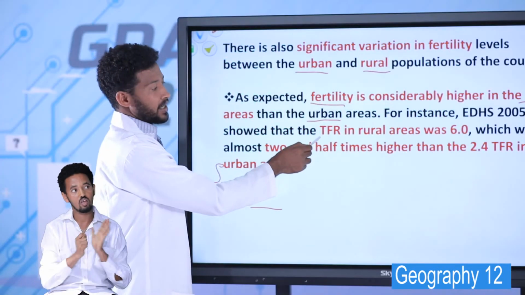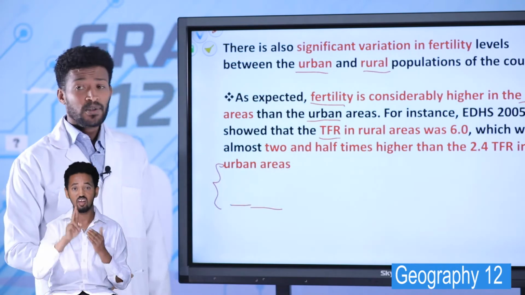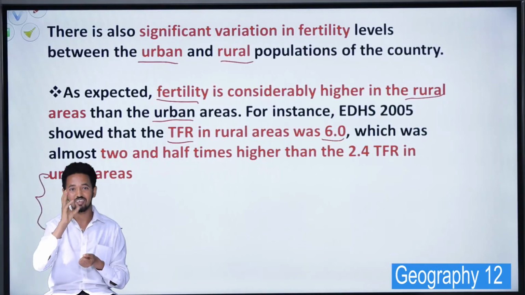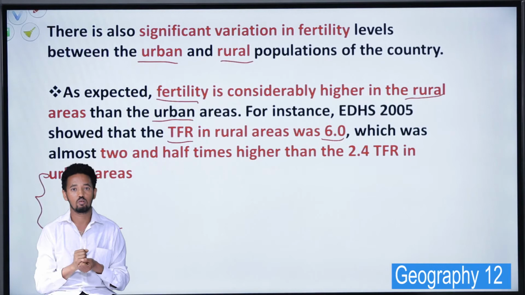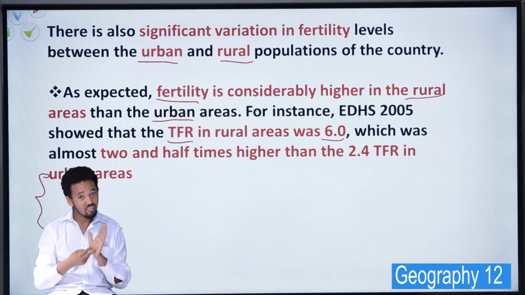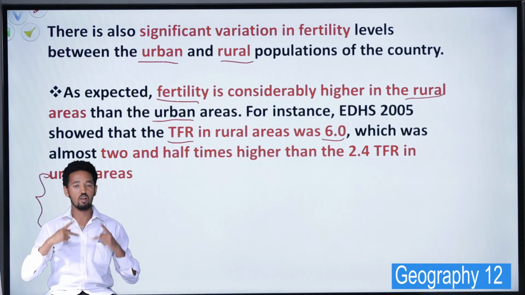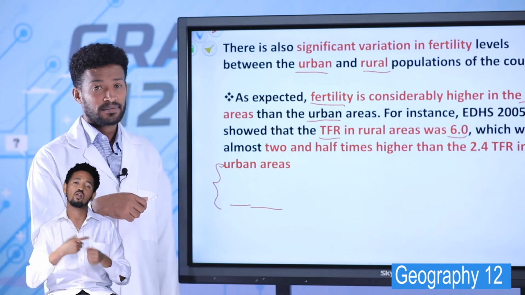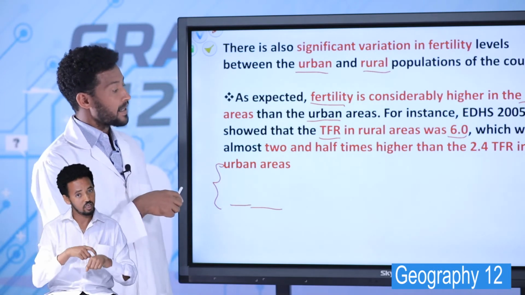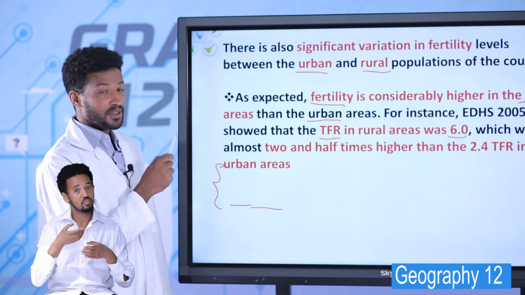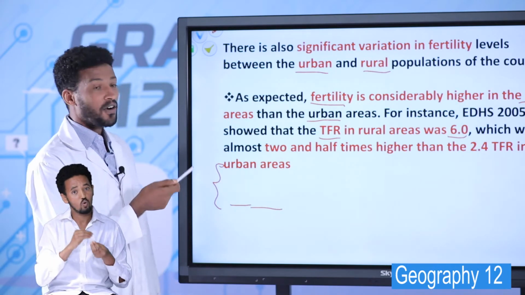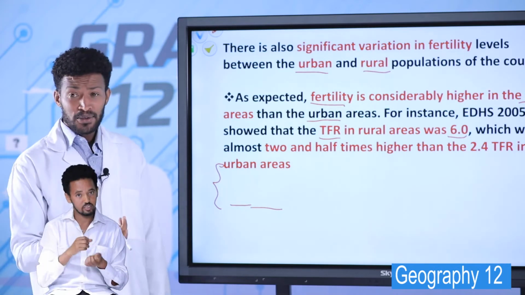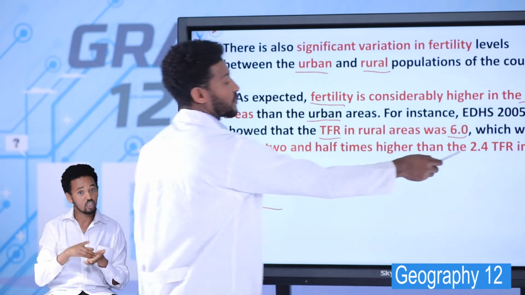For example, the total fertility rate in the rural area of Ethiopia shows 6.0. This means one woman in the rural part of Ethiopia may have 6 children during her lifetime. This total fertility rate in rural areas is almost 2 times that of urban areas. In urban areas, the total fertility rate is 2.4.